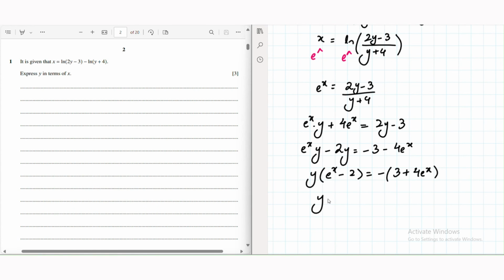Next, we make y the subject, so this becomes y equals minus (3 plus 4 e raised to power x) divided by (e raised to power x minus 2). We can leave it in this form, or we could multiply the minus into the denominator, which becomes 2 minus e raised to power x. However, both forms are equally correct, whichever way you want to leave it.